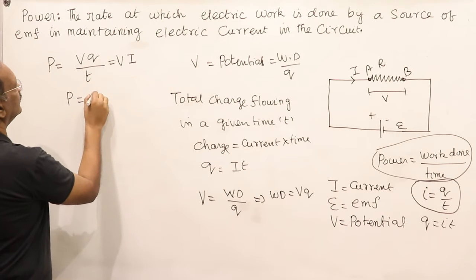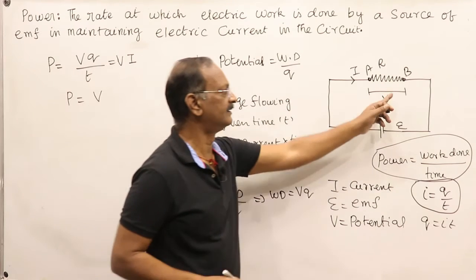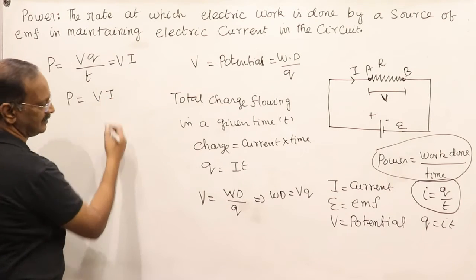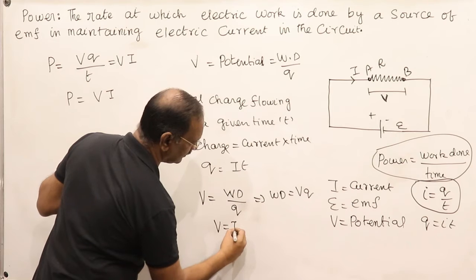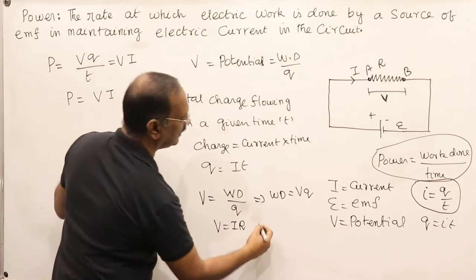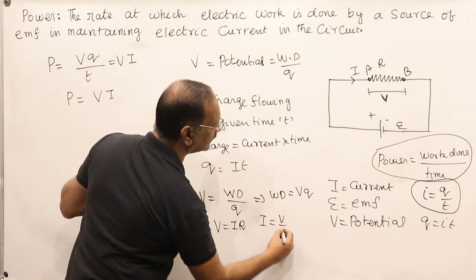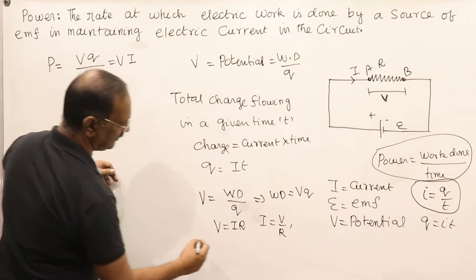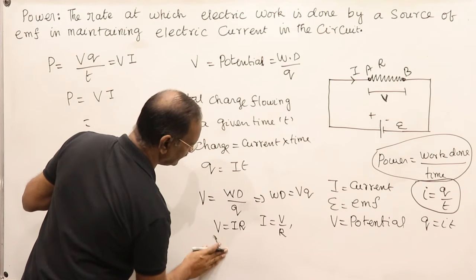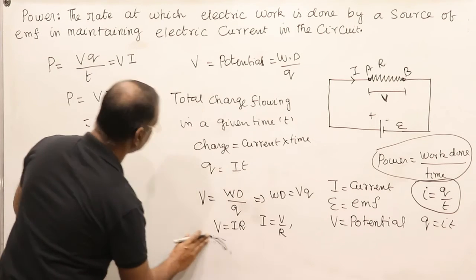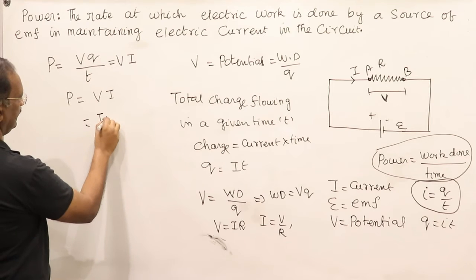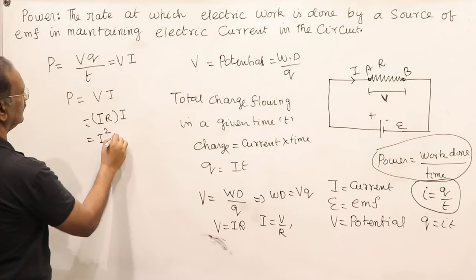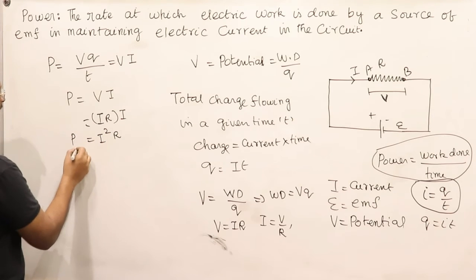Therefore, power is equal to V into I, where V is the potential difference between the ends of the conductor. As we know, potential difference V is equal to I into R, and I is equal to V by R. Since V is equal to IR, this becomes IR into I, which is I square R. Power can be expressed this way also.